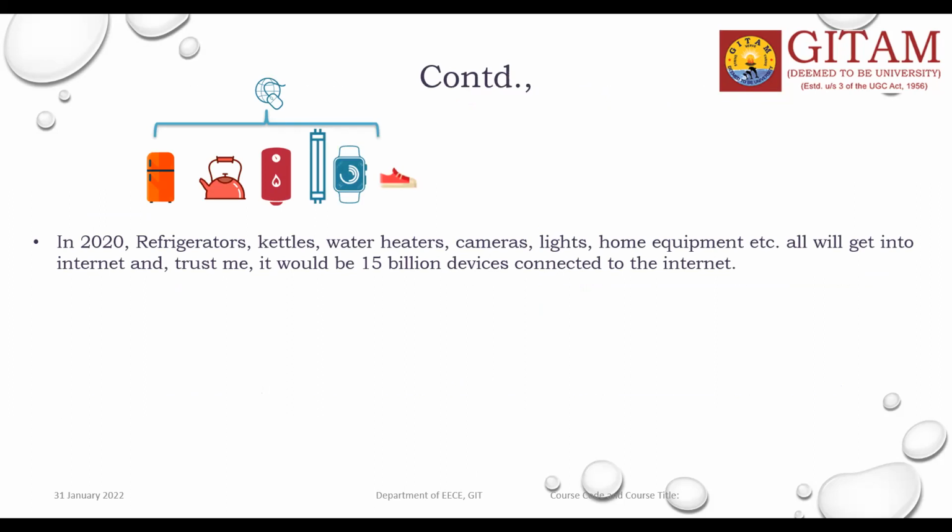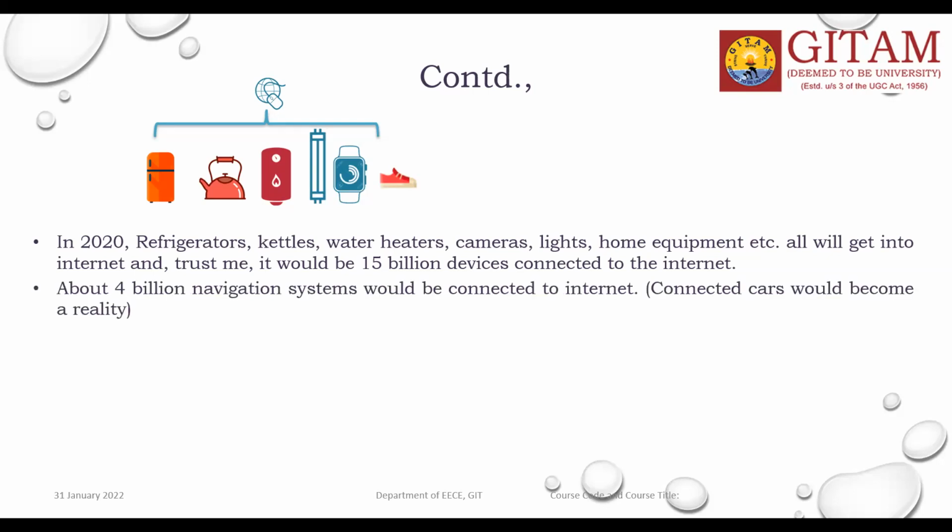Each and every device in our home can be connected to the internet, whenever they have the provision of an internet connection. Without an internet option, how can the devices communicate? About 4 billion navigation systems can also be connected to the internet.